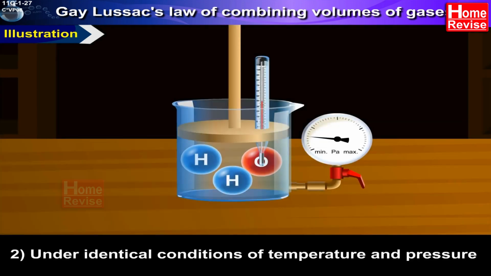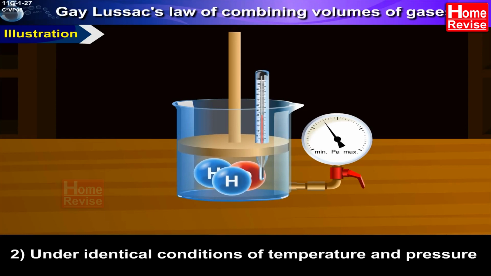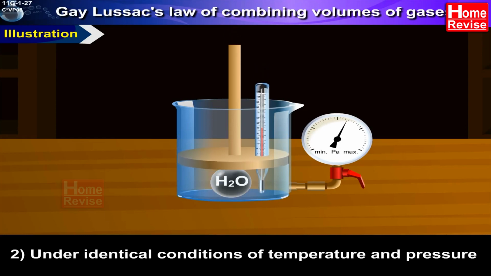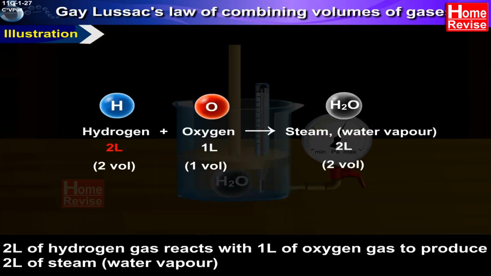2. Under identical conditions of temperature and pressure, 2 liters of hydrogen gas react with 1 liter of oxygen gas to produce 2 liters of steam, water vapor.